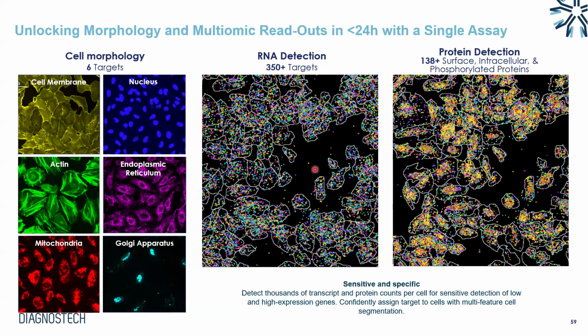And they have 350 targets for RNA detection, and you can also interrogate 138 surface, intracellular and phosphorylated proteins. And then using the built-in cell segmentation algorithms, you can confidently assign RNA and protein targets to these single cells. And all of this is co-detected in a single run from the same sample in less than 24 hours.